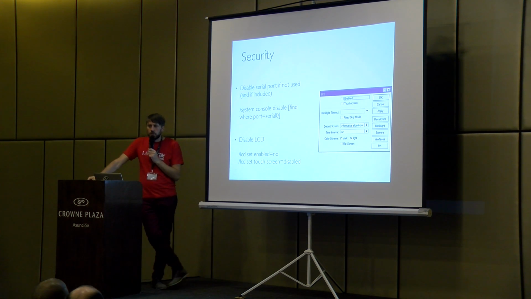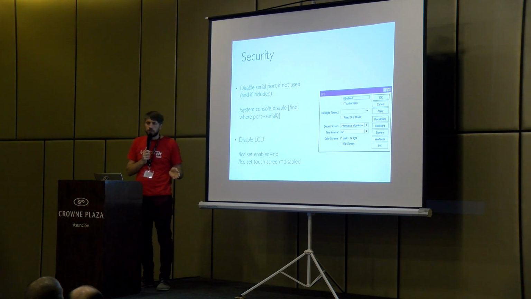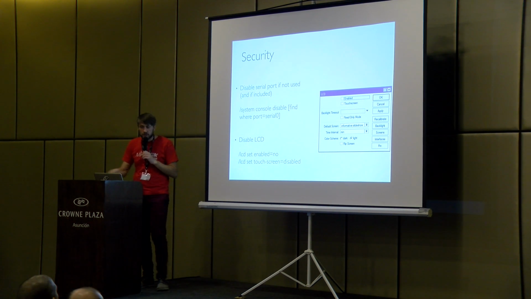So if your router is in a public network, you might consider to switch off the COM port, because for example CCR has a COM port, and by default this COM port is enabled, so a person can plug a COM cable, null modem cable, and get console access to your device.